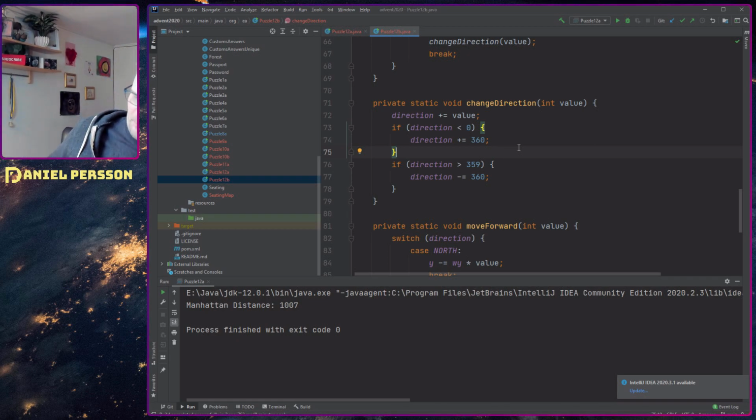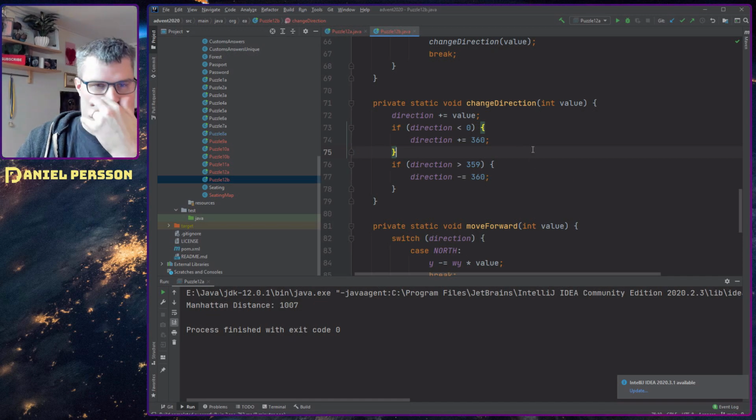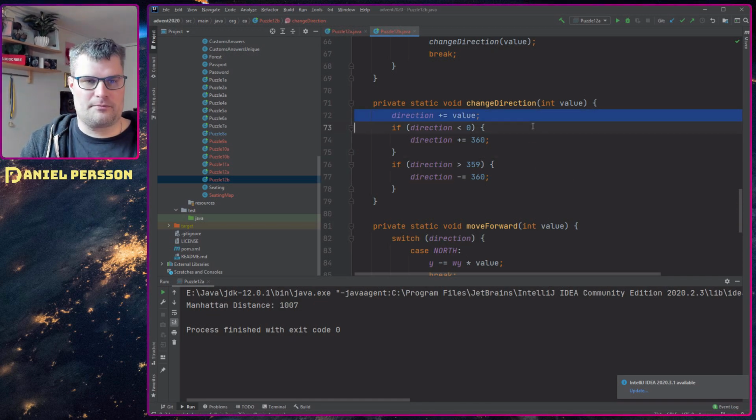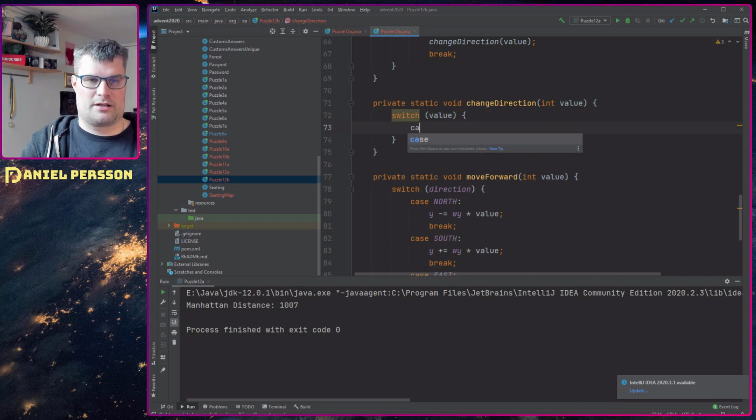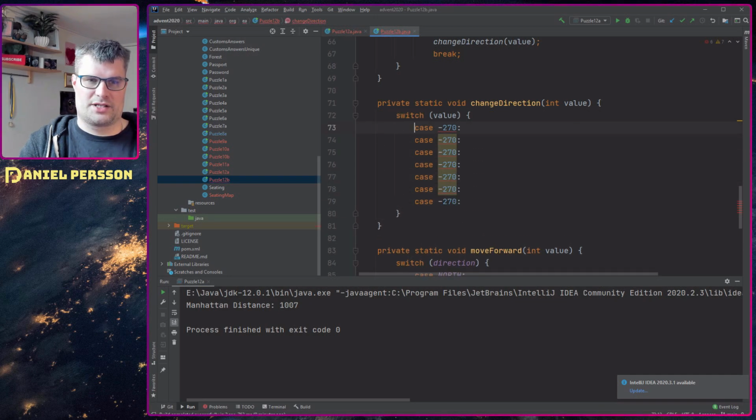difficult part. So let's see here. We can have 3 different outcomes here, right? In different directions. We can actually have the value, switch a value. And we can have minus 270 all the way to plus.